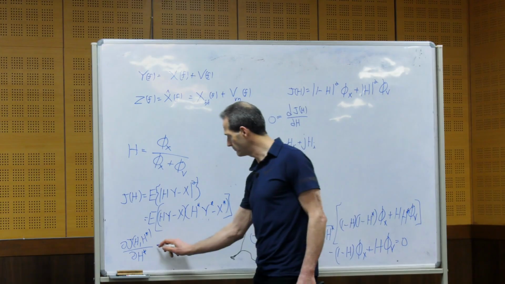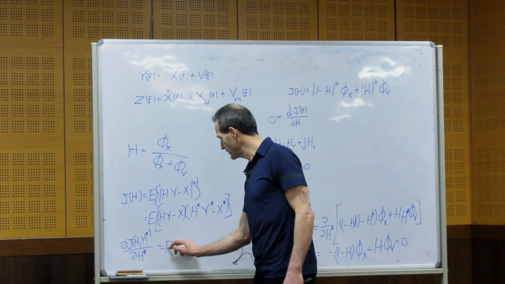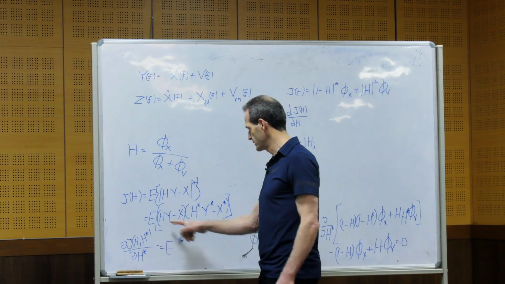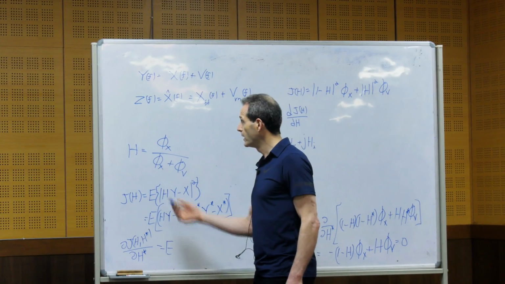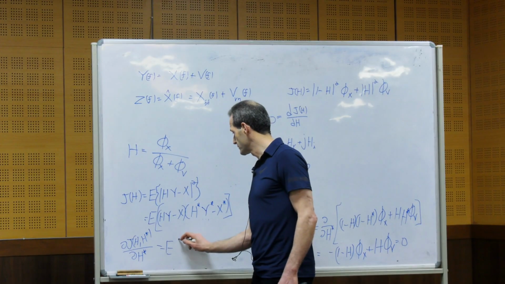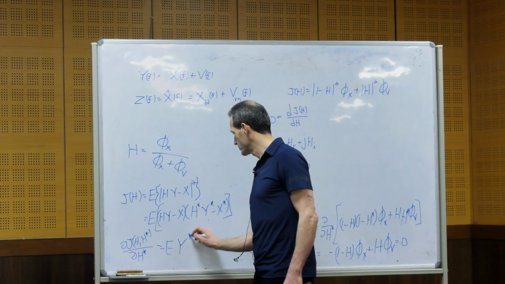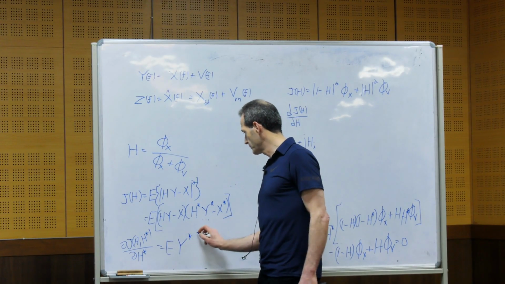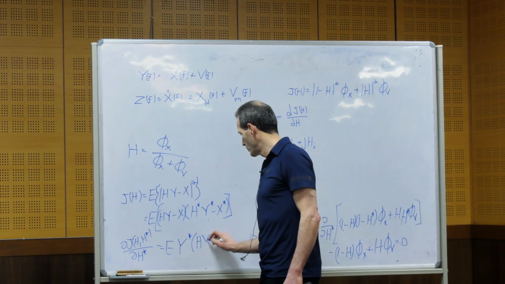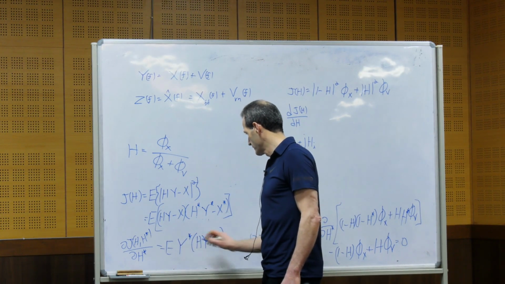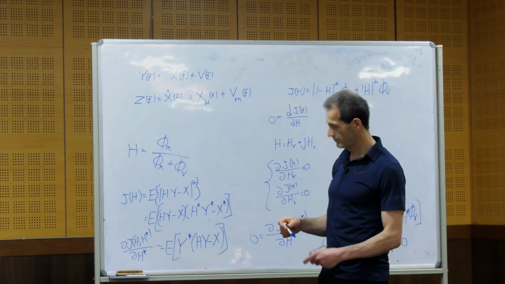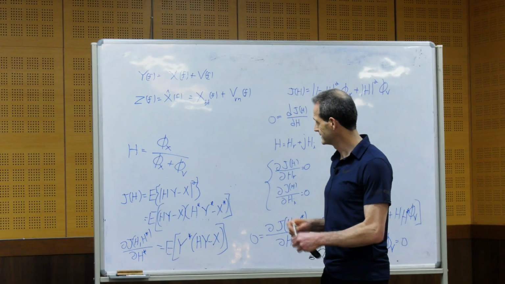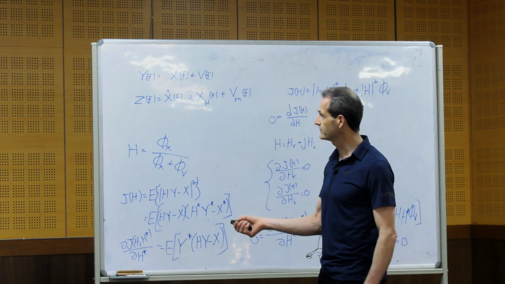So it becomes the expectation, the derivative goes inside, of Y complex conjugate multiplied with (hY minus X), and we equate this to 0.